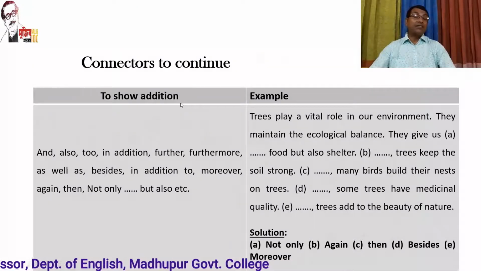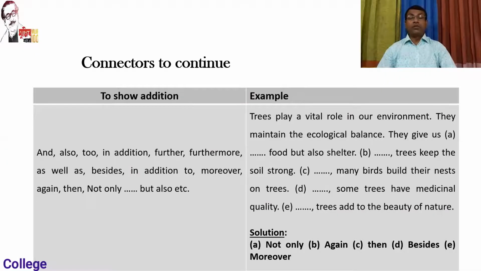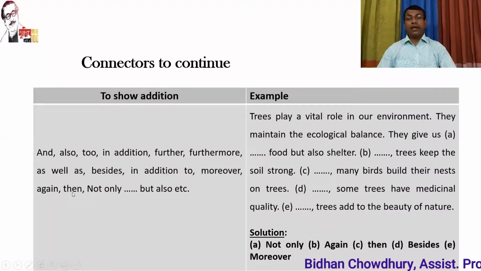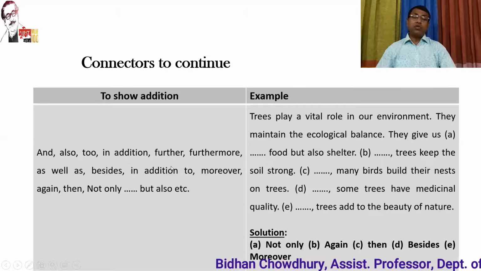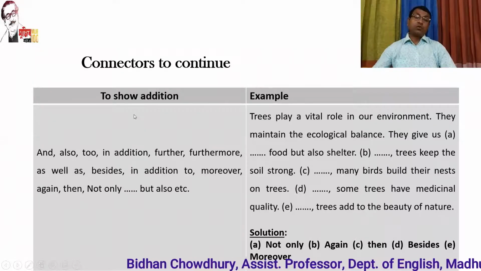If we want to add something to our statement, if we want to add something to describe something, the same type of description in our writing, then we may use and, also, to, in addition, further, furthermore, as well as, besides, in addition to, moreover, again, then, not only but also, etc. These are the most common connectors that are used to show addition.